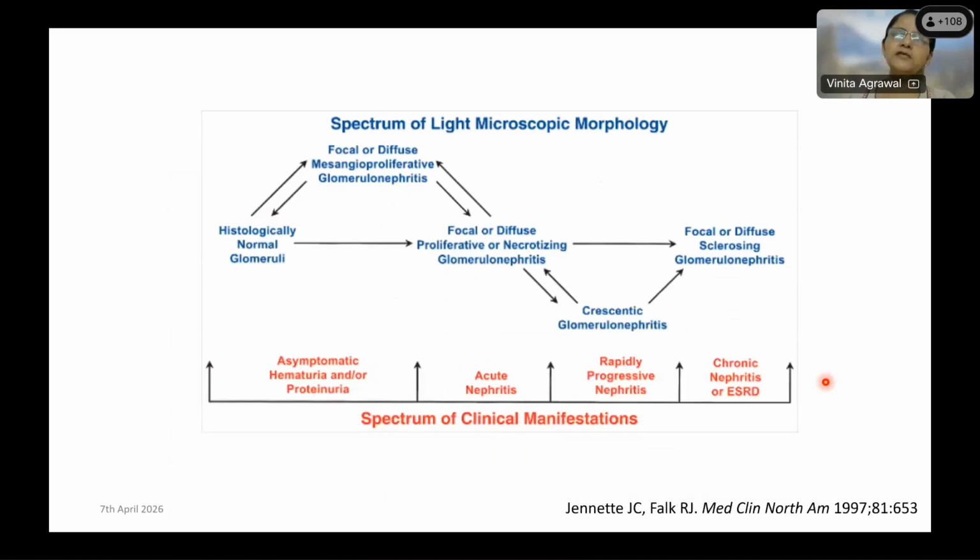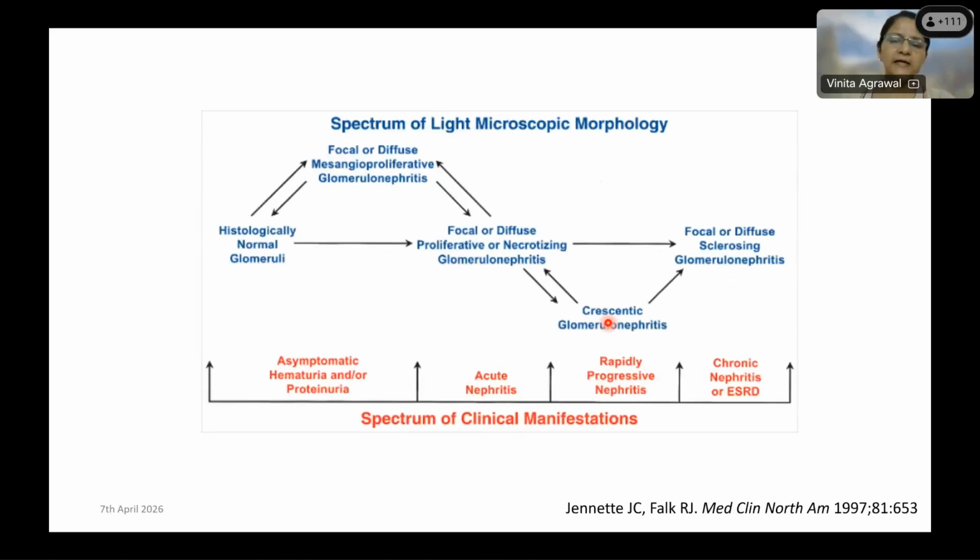And of course, when you look at renal biopsies, always remember your clinical counterparts, for example asymptomatic hematuria, what are the things that you can see on a renal biopsy. Similarly, if the patient is presenting with rapidly progressive glomerulonephritis, you are more likely to see crescents. So your correlation with renal clinical parameters is very, very important.